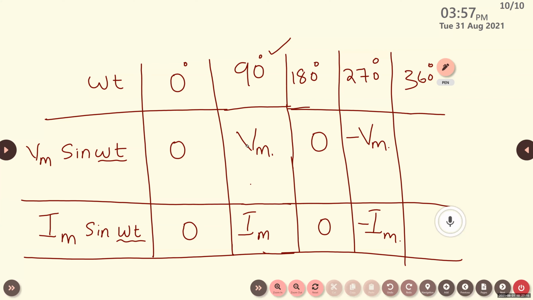Yes, it's right. Sine 360 is equal to 0. So Vm sine 360, sine 360 is equal to 0.